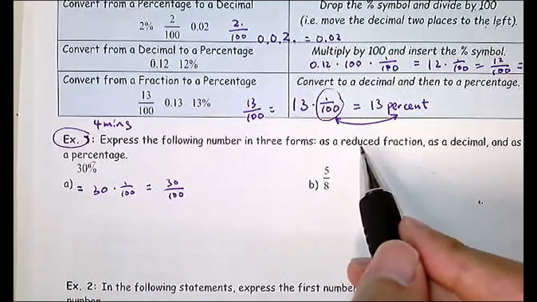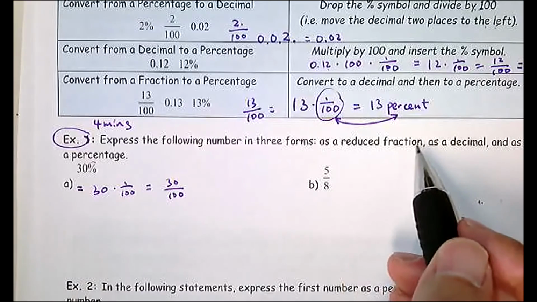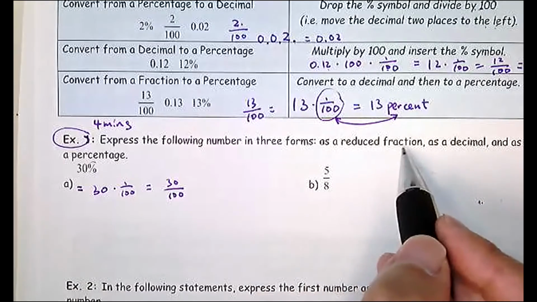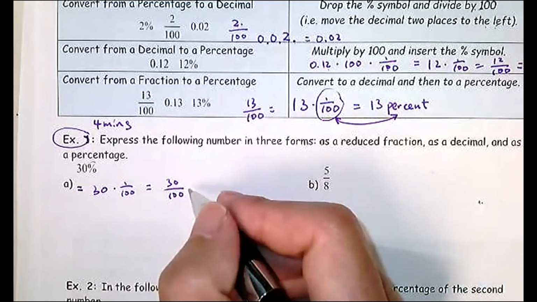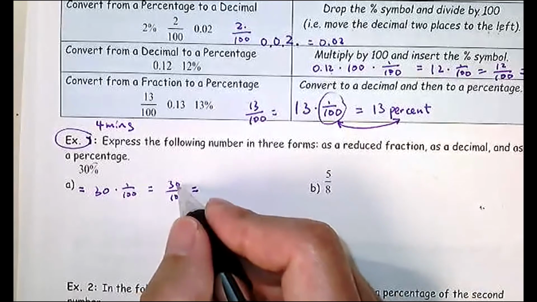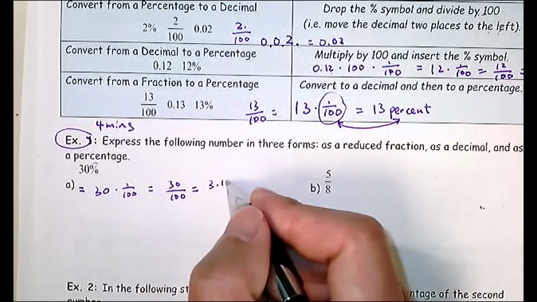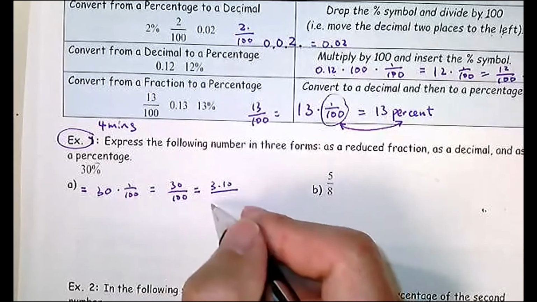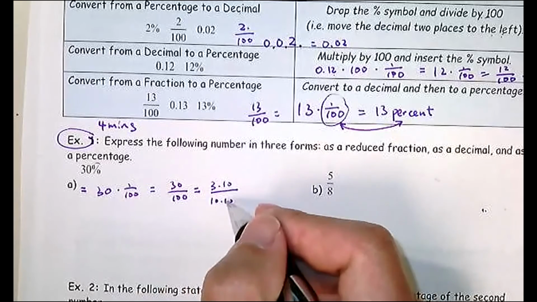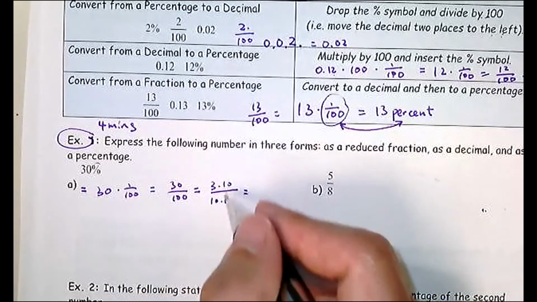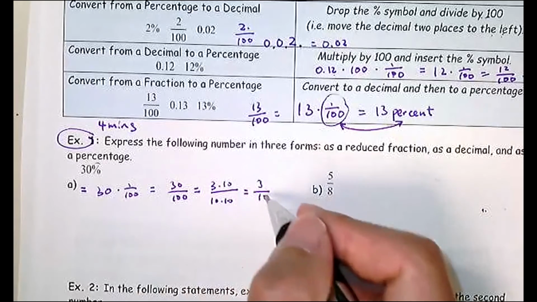But here we want a reduced fraction, which means we can cancel all the unnecessary things. So 30 is 3 times 10. 100 is 10 times 10. Together, 10 cancels with 10, and you get 3 over 10.